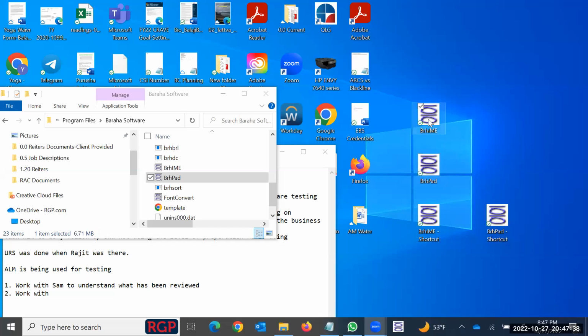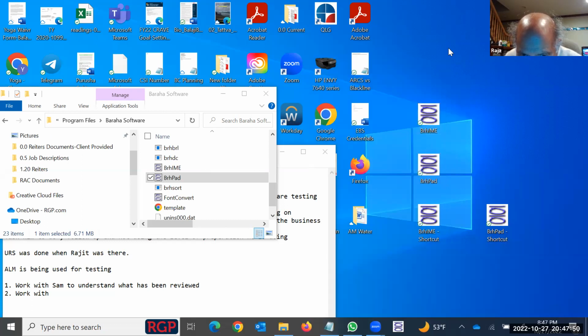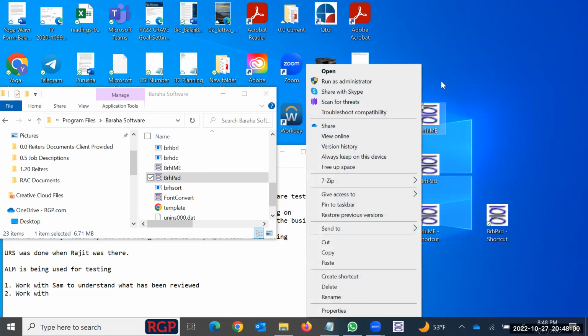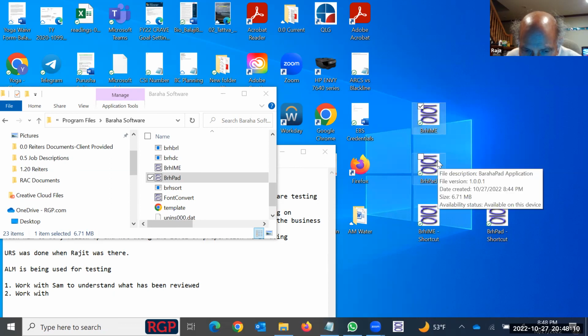So here, this is what I have. Baraha IME. When I right click, this is what is showing. You look here in the Baraha IME. See this one here. The upper arrow. Oh, here, sir. And highlight that. Not that one. Here, after 53 degrees Fahrenheit.